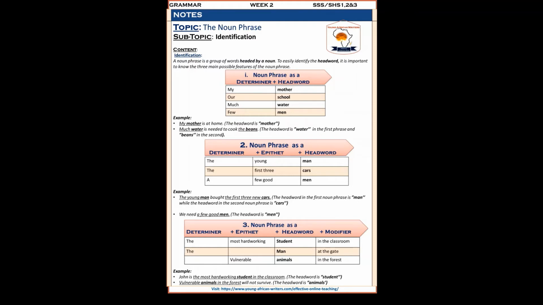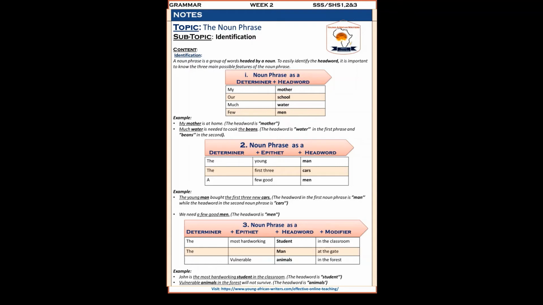Mother is the most important word in my mother. The same thing with much water is needed to cook the beans. The head word is water in the first phrase and beans in the second.